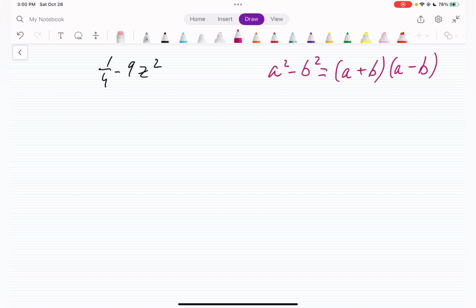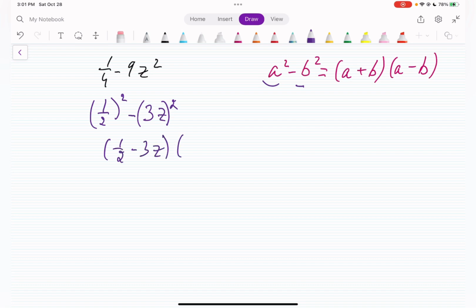Do I have here a squared? 1/4 is 1/2 to power 2 minus b squared. 9z squared is 3z to power 2. Yes, both terms have squares, which means its formula is going to be 1/2 minus 3z, 1/2 plus 3z. All right?